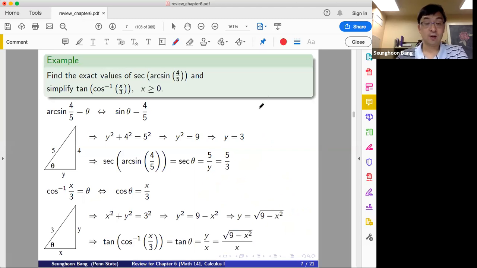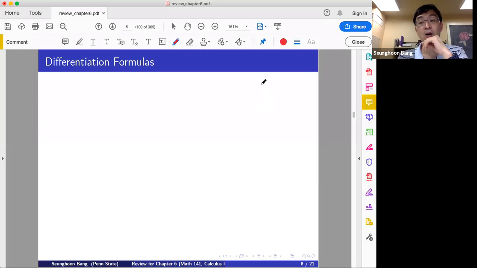Like this. Next, we think about the next part, the differentiation formulas. You need to memorize these differentiation formulas, very useful for preparing for your midterm exam. What's a constant prime? Could you write your answer on the chat board?